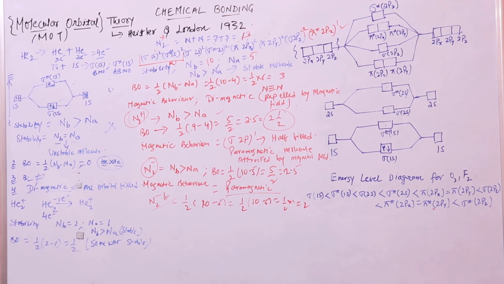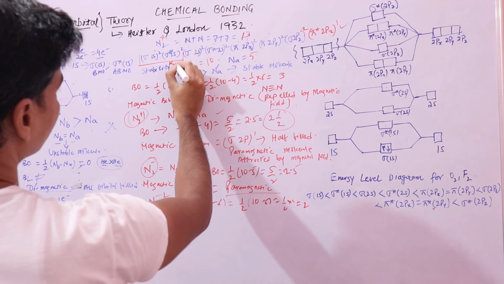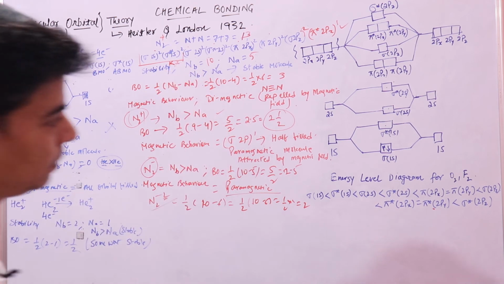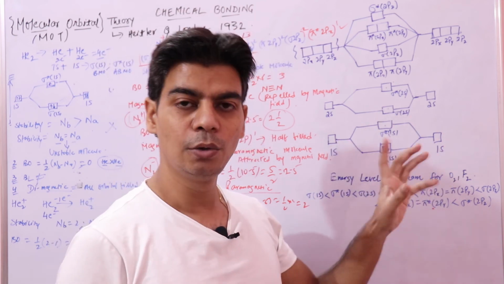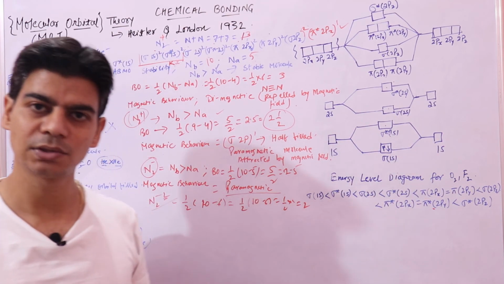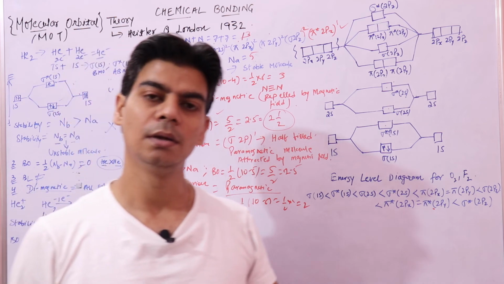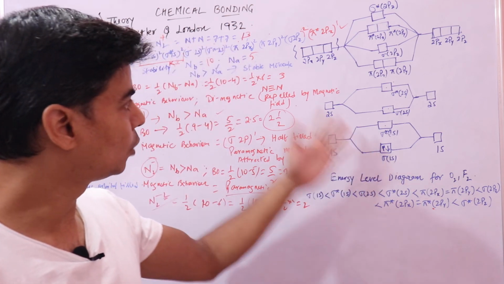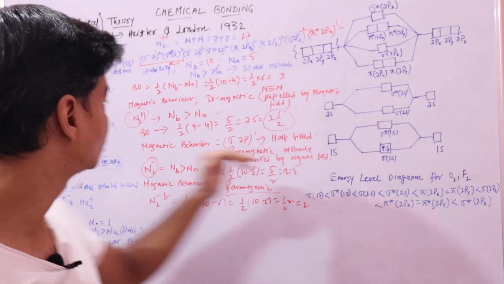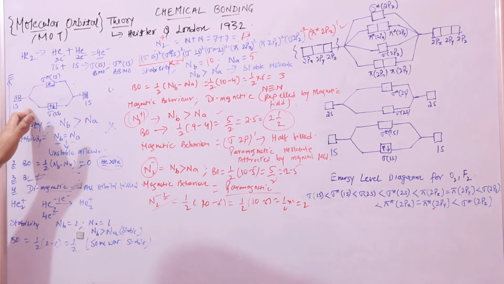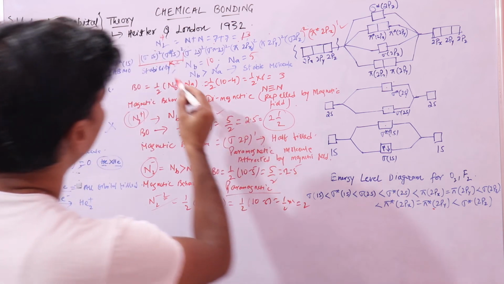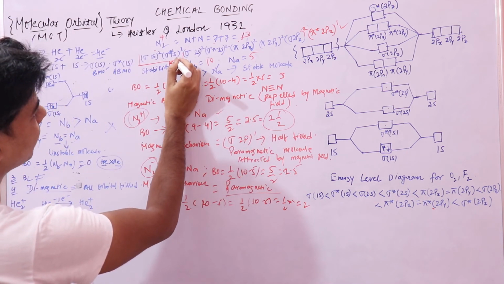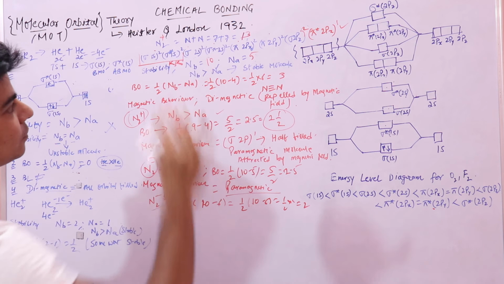Since these are non-bonding electrons, you can replace this with KK. Even in the energy level diagram, you will not show this part, because it shows electrons that do not take part in bonding. This is for molecules like nitrogen and oxygen, but not hydrogen, because it has only one shell, so you cannot remove it. Somewhere you will find this sigma 1s2, sigma star 1s2 replaced with KK.